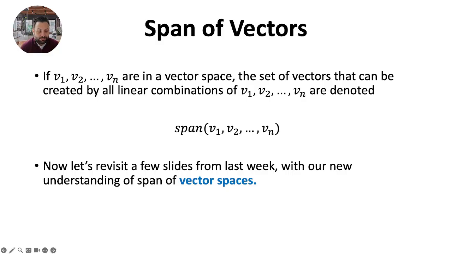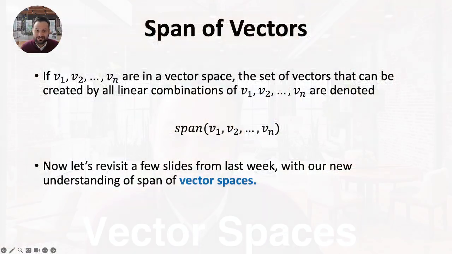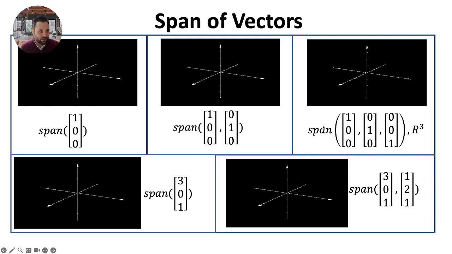So strictly speaking, the span of vectors v1 to vn just gives us the vector space that is made up by all of these vectors. Let's visit some of the examples from a few videos ago.